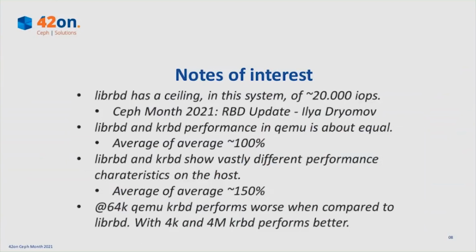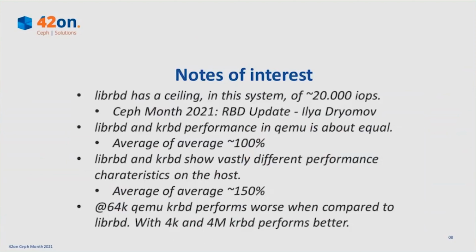When we compare librbd versus libaio on krbd, we do get very different results. We get an average of 150%, so krbd performs at 150% of librbd. And at 64K, Qemu krbd performs a bit worse when compared to librbd.